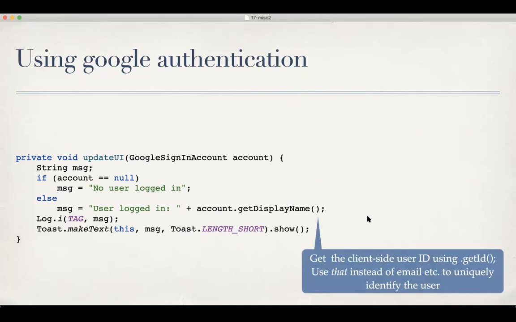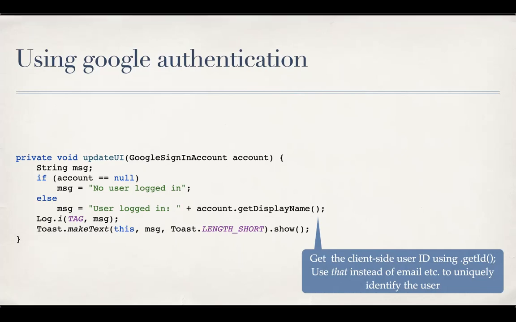Yeah, you can also get the client side user ID using dot get ID, and it is recommended that you use the ID to uniquely identify the user. For example, store it as the primary key in your database, etc., instead of the email. One of the reasons being Google allows different variants of their email ID. For example, Google emails, as you perhaps know, are dot agnostic.